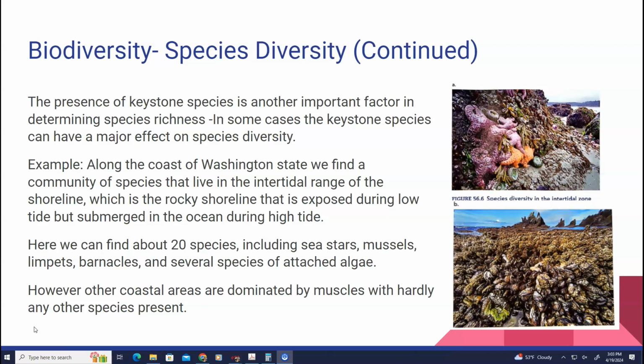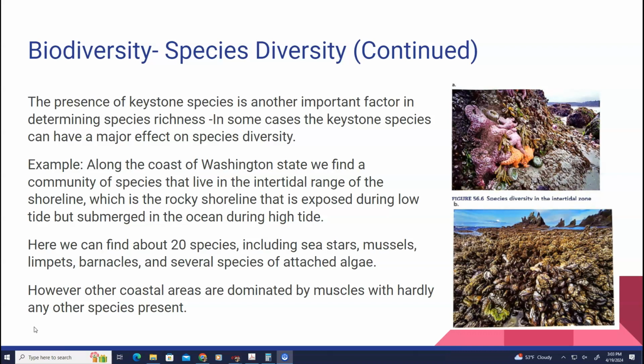Here's an example along the coast of Washington State. We find a community of species that live in the intertidal range of the shoreline, which is the rocky shoreline that's exposed during low tide, but submerged in the ocean during high tide. Here we could find about 20 species, including sea stars, mussels, limpets, barnacles, and several species of attached algae.